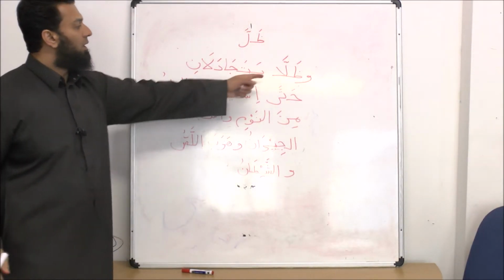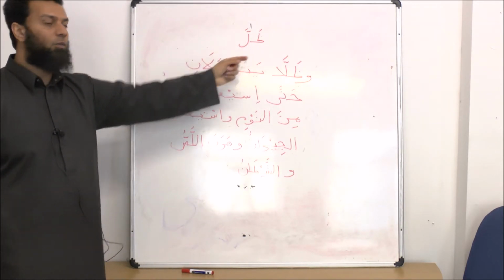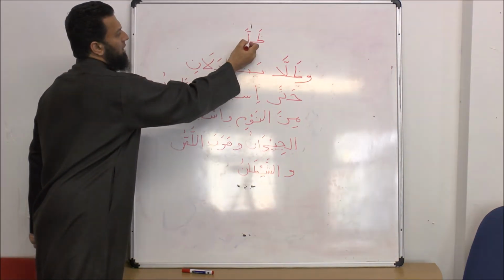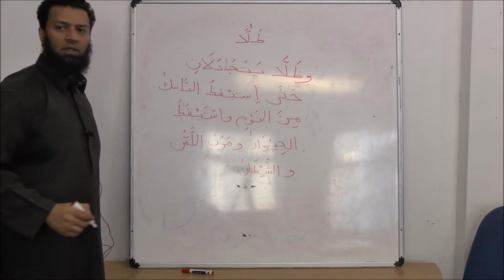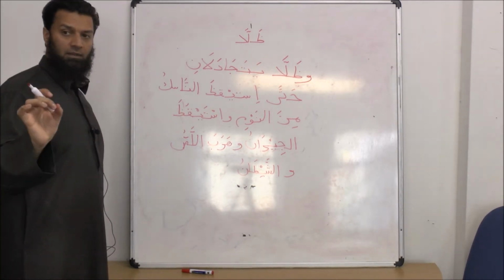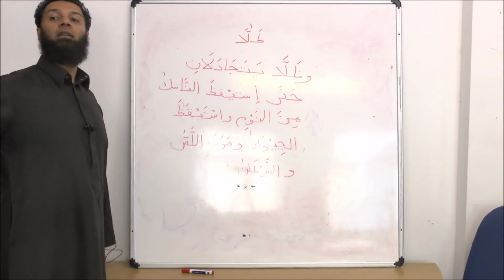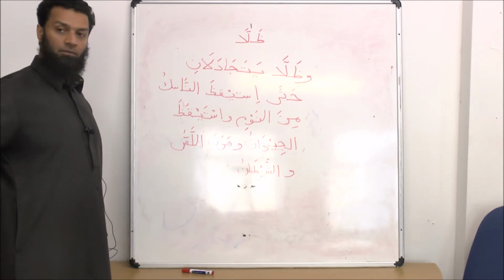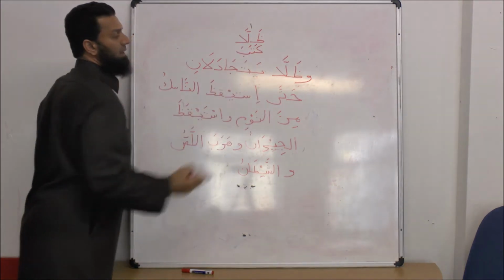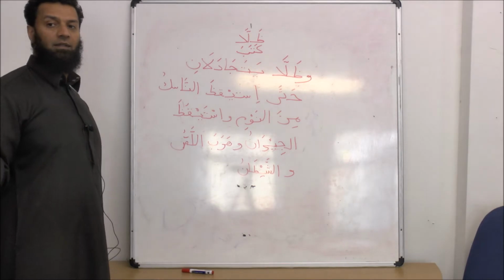Okay? The presence of an alif on the end of dhalla, what does that tell us about what form it's in, or rather who it refers to? Whenever you have an alif on the end of a fi'l al-madi, what does it tell us about the number? It's dual. For example, kataba means he wrote.